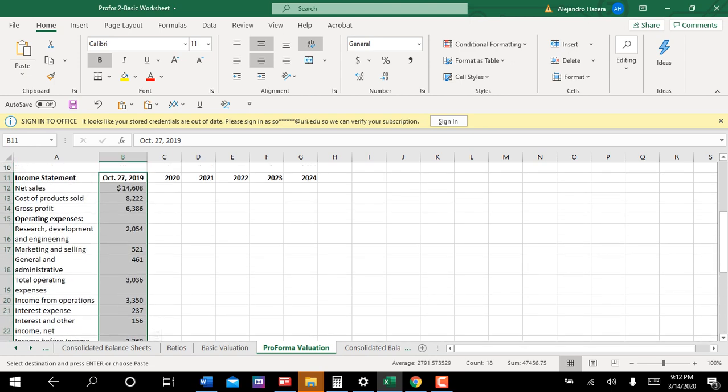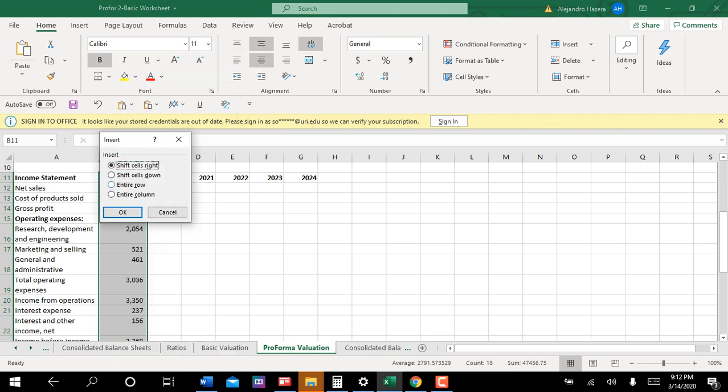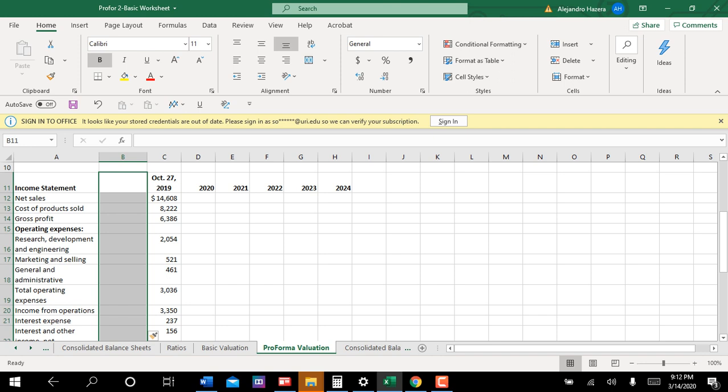And all I'm going to do is shift those cells to the right, and put a column between the titles and the monetary amounts.